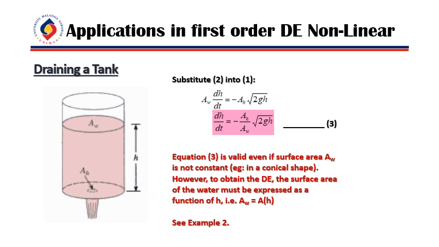However, to obtain the differential equation, the surface area of the water must be expressed as a function of h, that means A sub w equals A of h. You can see this in the next example. Sorry guys, I think this is example number 4, for the conical shape.